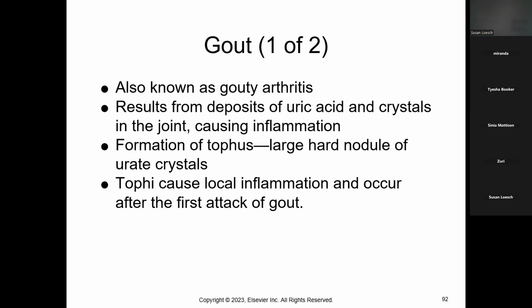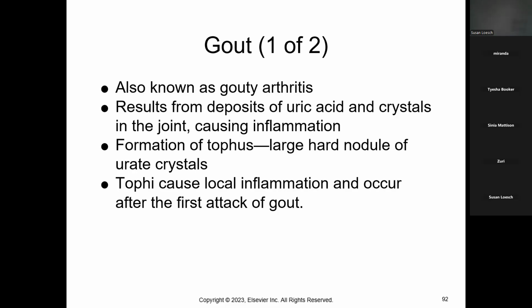This can also happen from someone who's had radiation or certain chemo where the cells have been lysed and broken down. And as those cells are being broken down, they're releasing uric acid in the body. So it causes an acute inflammatory response. Usually we'll see this in the great toe of someone.